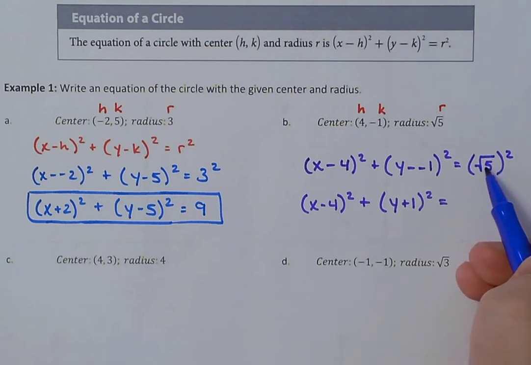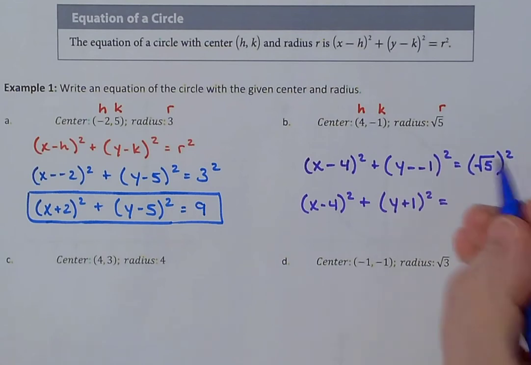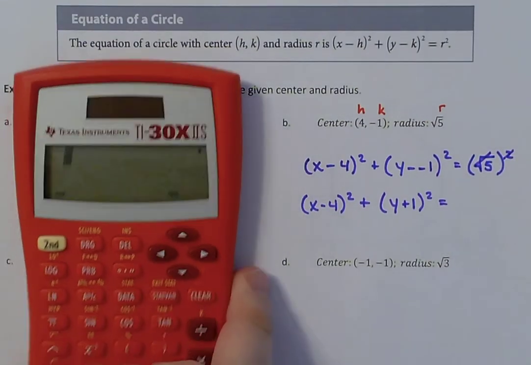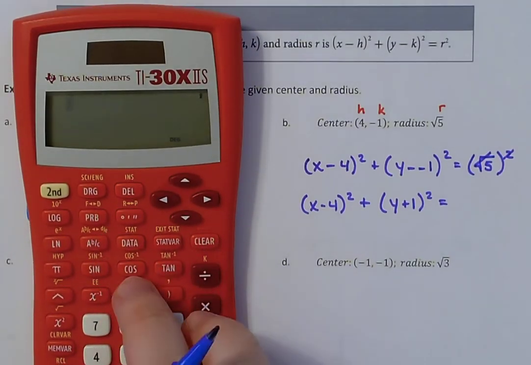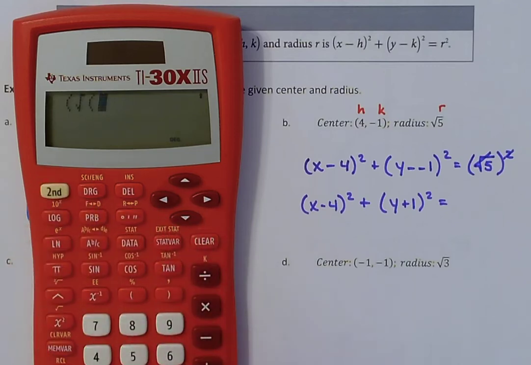Anytime that you have the square root and it's squared, that just cancels out the square root and the squared. To show you on the calculator real quick for that, just to give you a point of reference, if I take the square root of, in this case, 5, and I square it, we end up with 5.